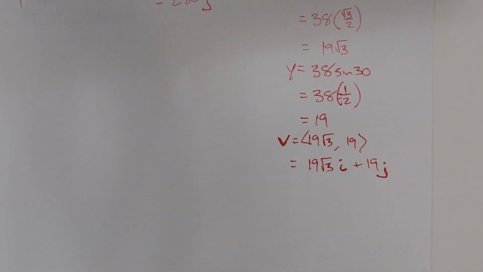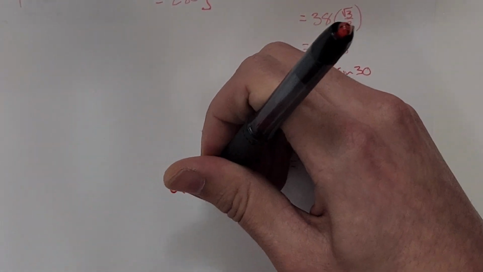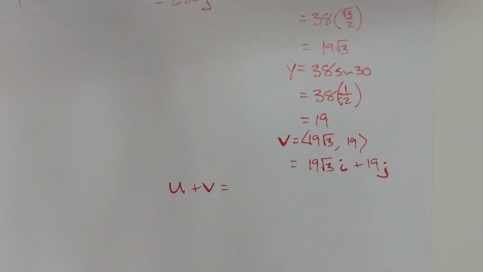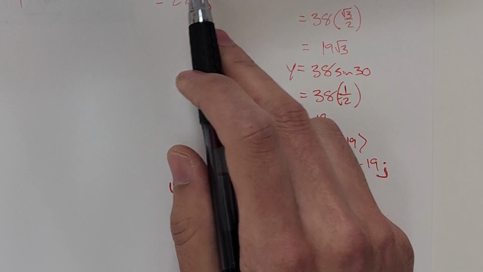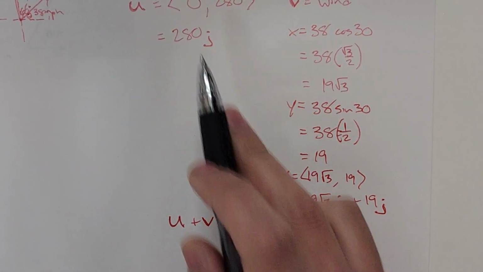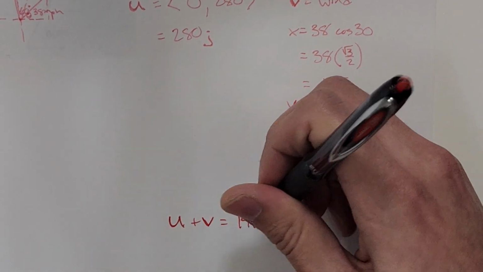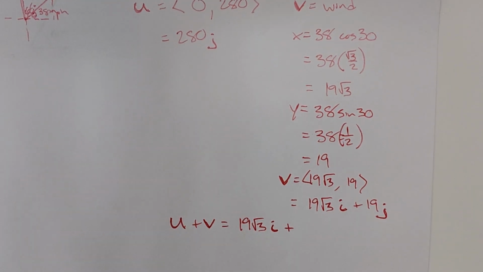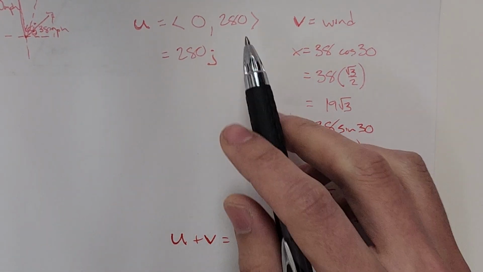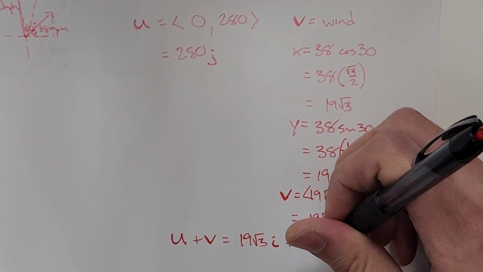So then the resultant vector, u plus v, and this is the answer to part A, is equal to the sum of the horizontal components, so 0 plus 19 root 3, and so that's just 19 root 3 i, and then plus the sum of the vertical components, 280 plus 19, which is equal to 299 j.